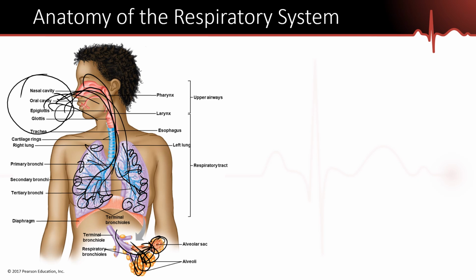Now you've seen the path and a little bit of the reason as to why this air comes in and out of our lungs. But in the next lecture, we need to talk about mechanically, physiologically, how the air actually gets pulled in and then back out of the lungs.